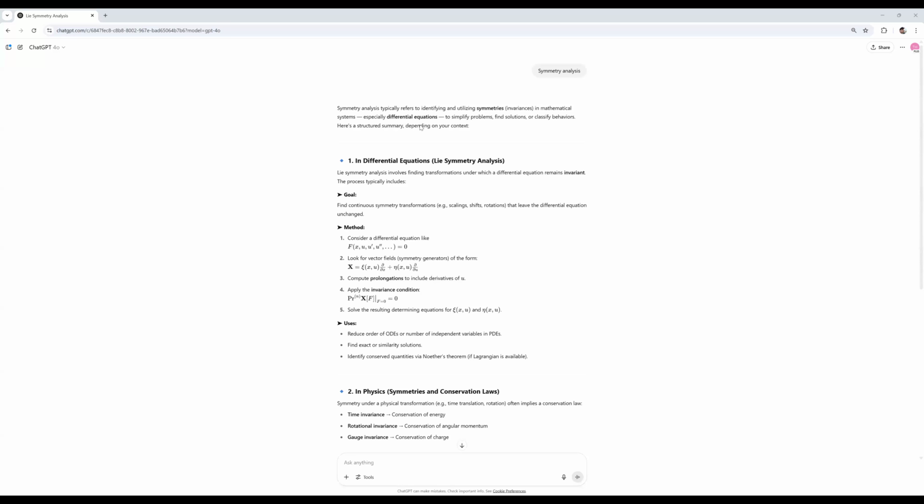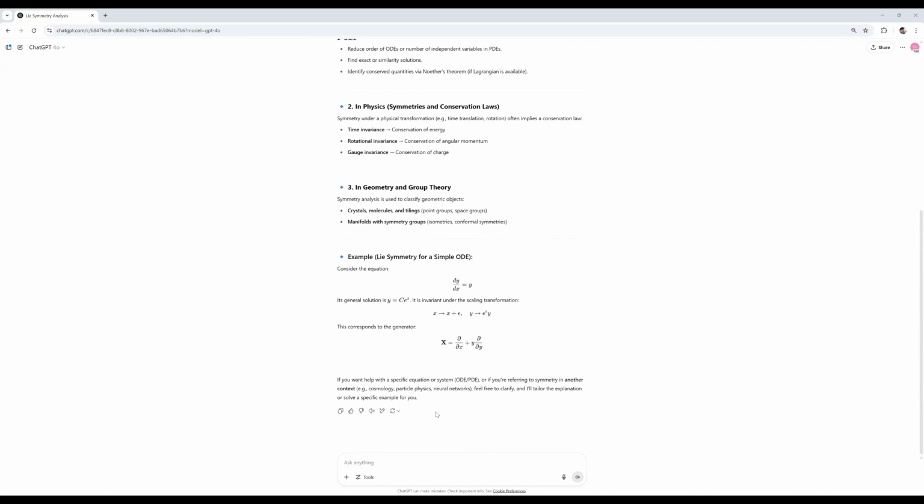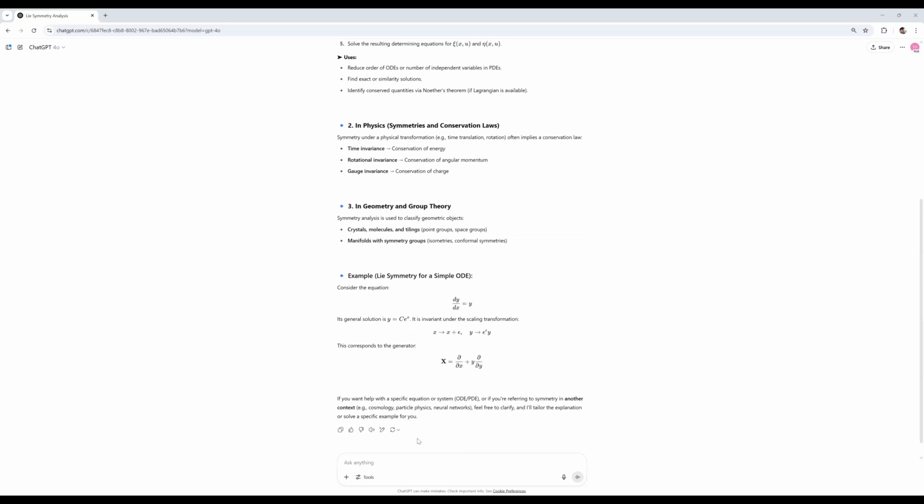Okay. So let me say that to you. The ChatGPT that I created, I still train it, but you can ask me if you want. So if I open the correct ChatGPT, is this one? I call it symmetry analysis, and you can ask it anything you want.